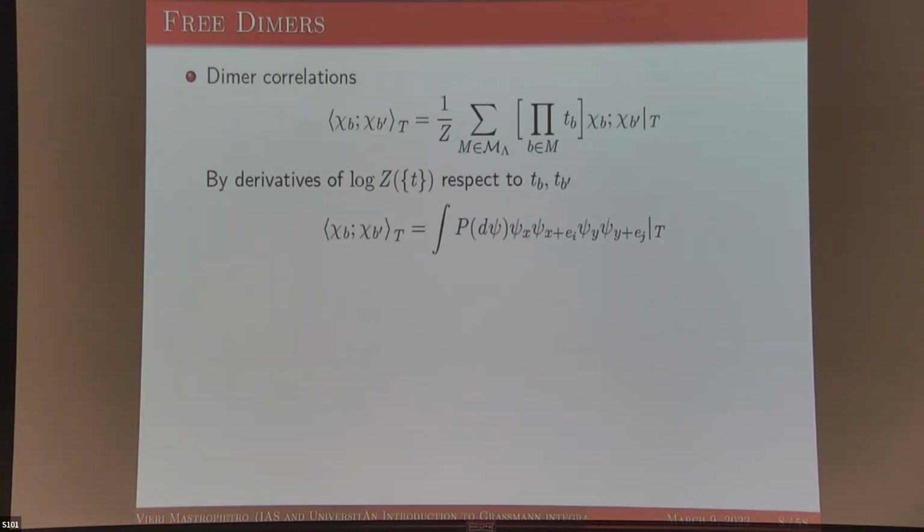It's just the indicator function. Okay, so you see, it's very easy to see that you can derive this by making derivatives of log Z, because the only terms which survive are those with the T B when you make the derivatives. So this is the definition of dimer correlation.